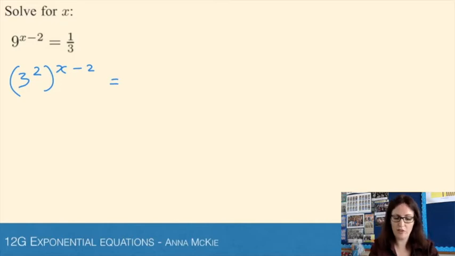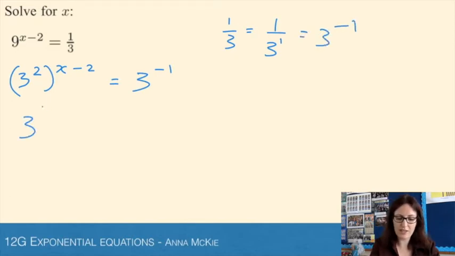And 1 over 3 is 3 to the power of negative 1, in case you're not sure that that's the equivalent of 1 over 3 to the power of 1, and therefore you would rewrite it like that. Working out the left-hand side, 3 to the power of 2 times x take 2. Careful here, don't write 3 to the power of 2x take 2, it's take 4. The distributive law: you must multiply everything by that 2. And then we have that is equal to 3 to the power of negative 1.